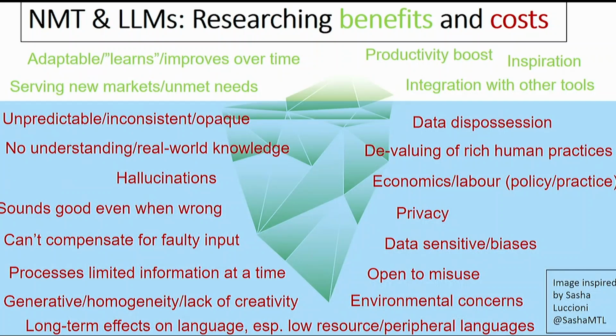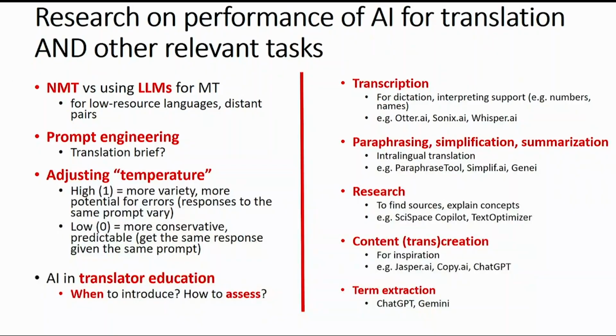Okay. And these are topics that focus on the technologies doing translation. But as we know, there are many different subtasks in translation. And I think there's also a lot of scope for researching the way that AI can support other tasks that translators or translation researchers might need to do.